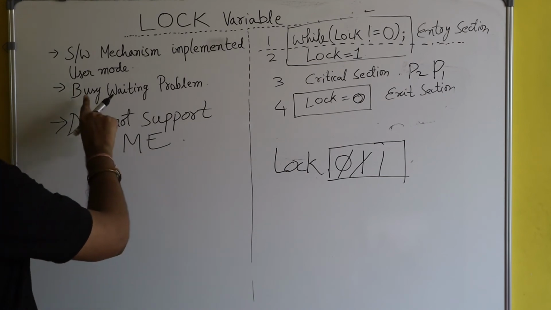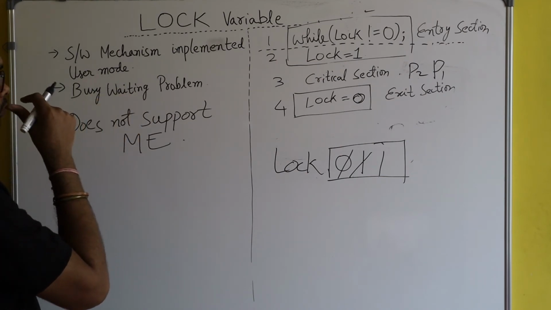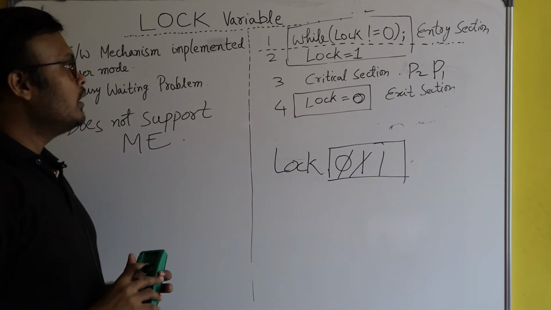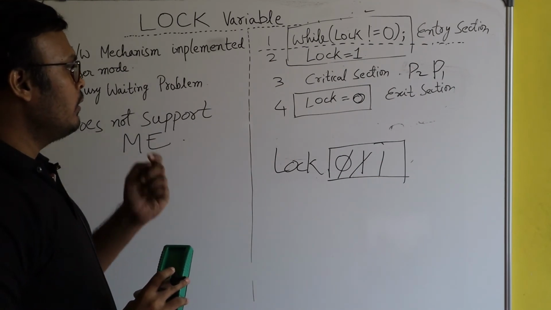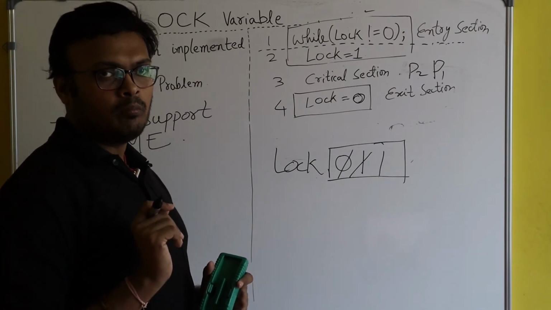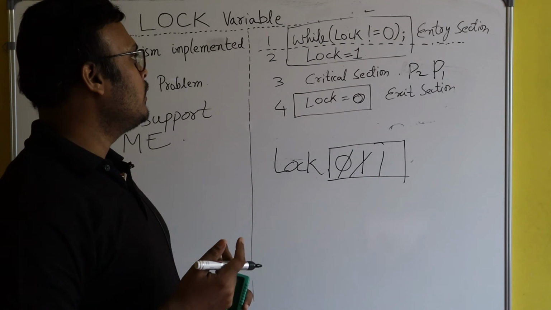Okay. And also you see, there is a busy waiting problem. Busy waiting problem means what? I hope you know the meaning of busy waiting problem. I already discussed it in the last lecture.